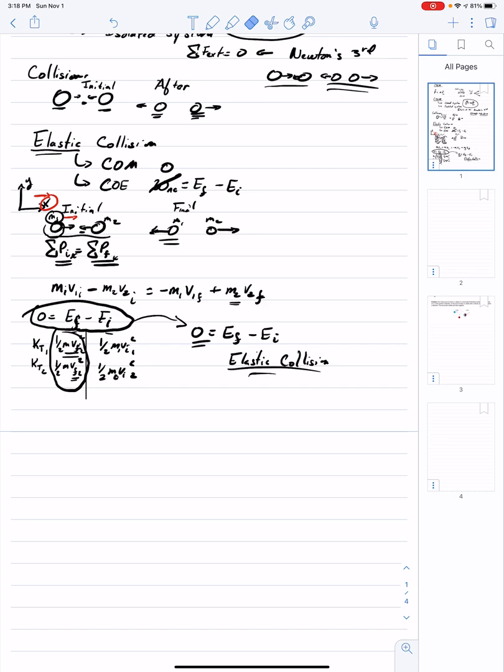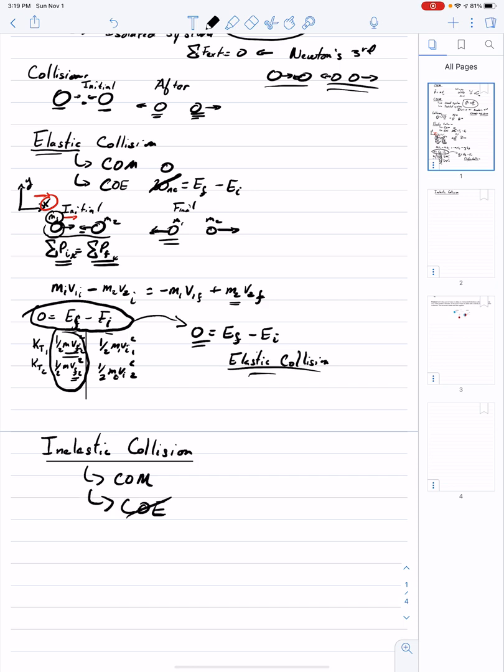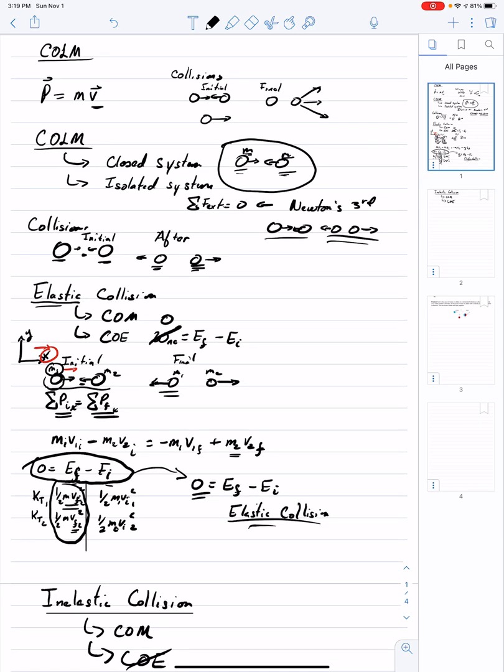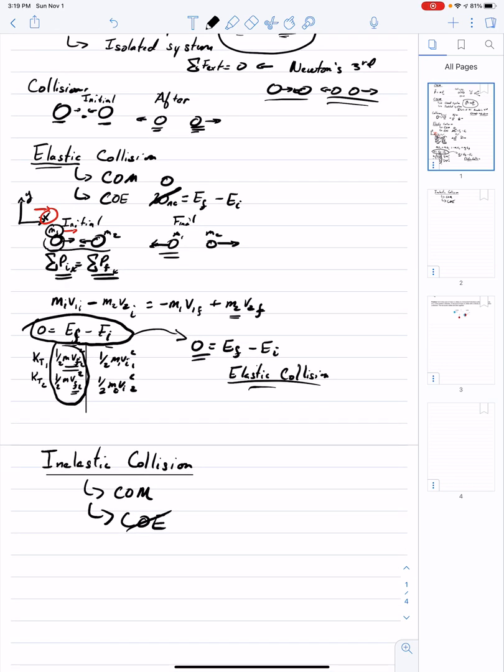So the difference when it comes to inelastic collision is not necessarily what there have been a lot of references to, that they stick together and that's how you know it's an inelastic collision. I used to think that too, but over time I learned better, and it's not really about that. It's that even though there is conservation of momentum, there is no conservation of energy. The same example that we talked about for the elastic collision could also apply, the same form could also apply for inelastic collision.